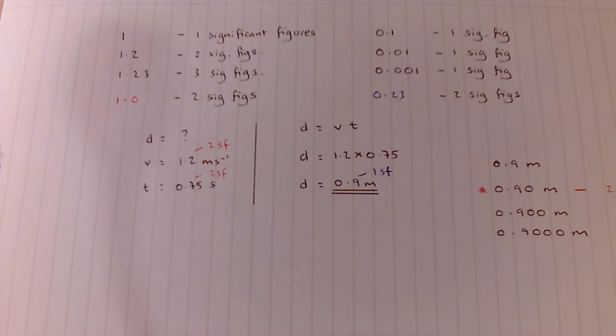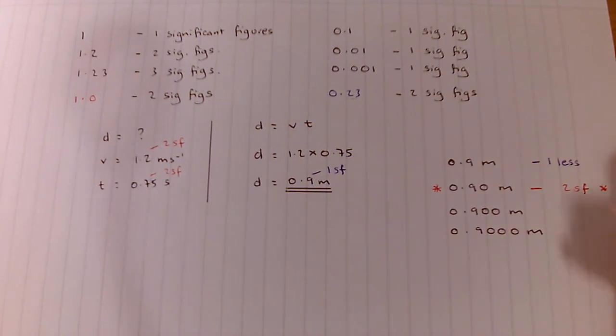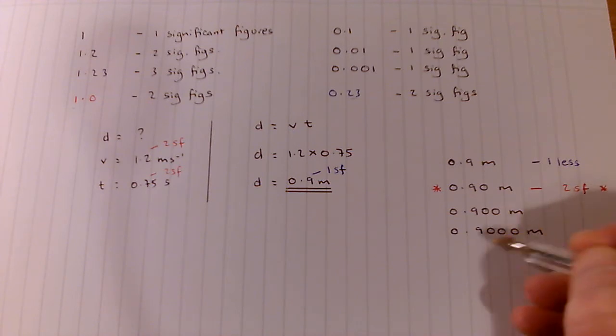This one has 1 significant figure less, which is fine. This one has 3 significant figures, which is fine, which is 1 more. And this one has 2 significant figures more. So it's 1, 2, 3, 4.